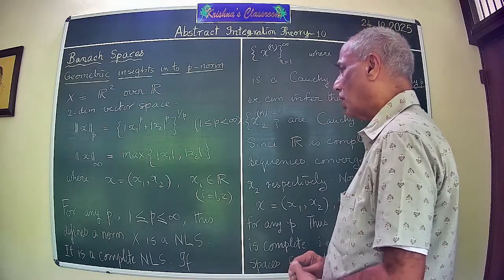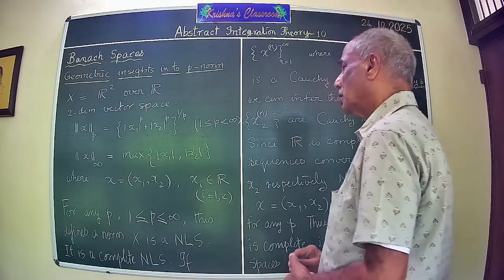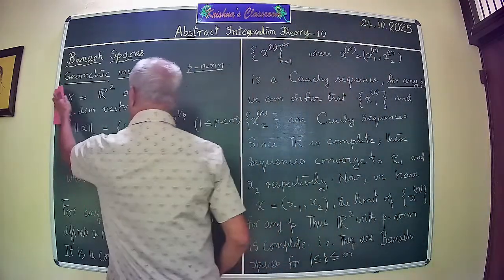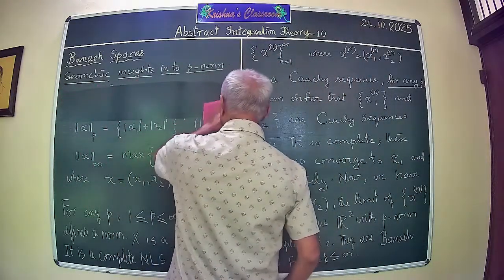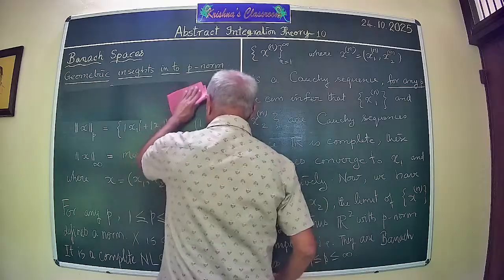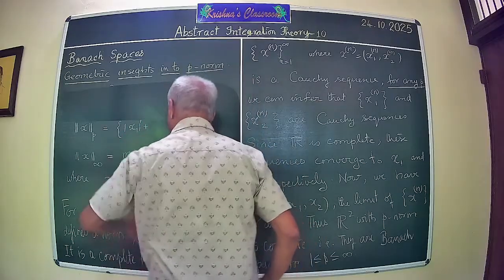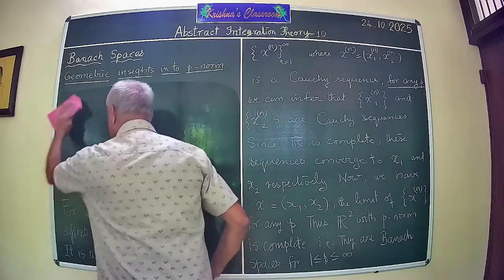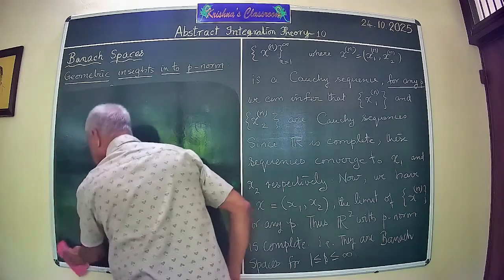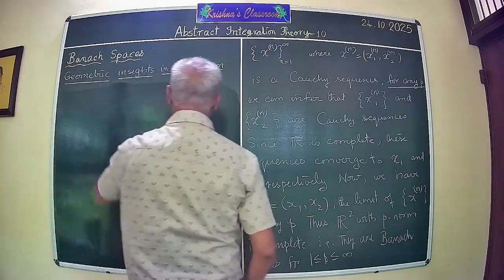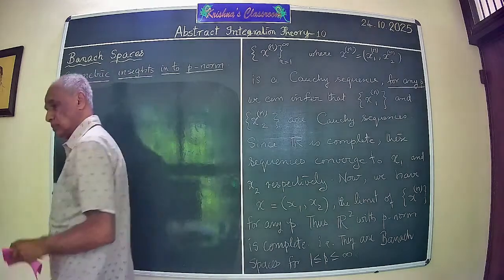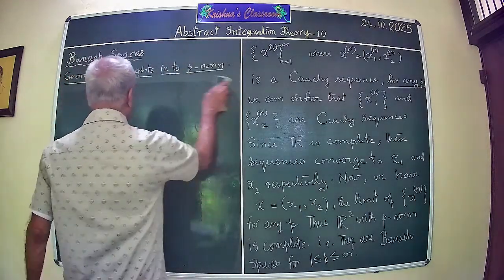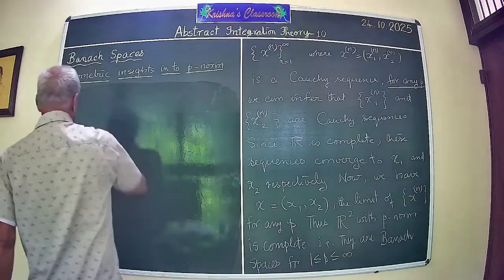Now one can also show that given p1 and p, these norms are equivalent. It's worthwhile to see how these arguments are made, although I am not going to go into the details.